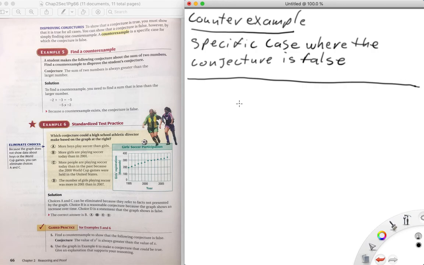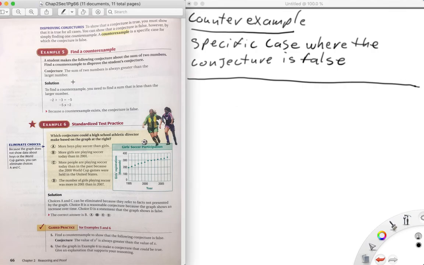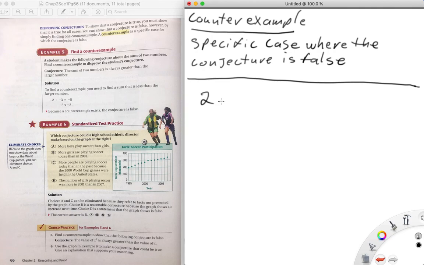So I'll do the book's one. The one that the book gives here says that the sum of two numbers is always greater than the larger number. So if we do 2 plus 5 equals 7, 7 is the sum.